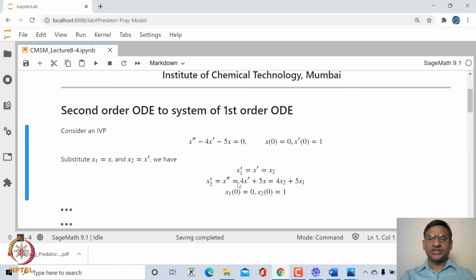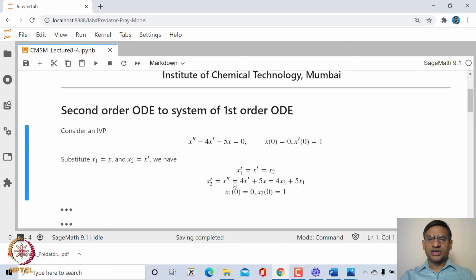So, this is a system of first order linear differential equations, and now let us look at the initial conditions. Initial condition x(0) is equal to 0, but x is x1, therefore x1(0) is equal to 0, and x dash 0 is equal to 1, therefore x2 at 0 is equal to 1.